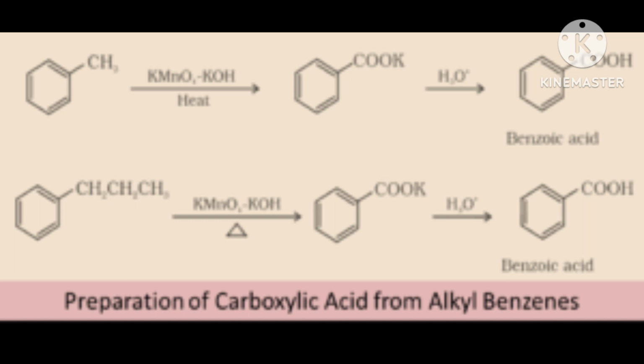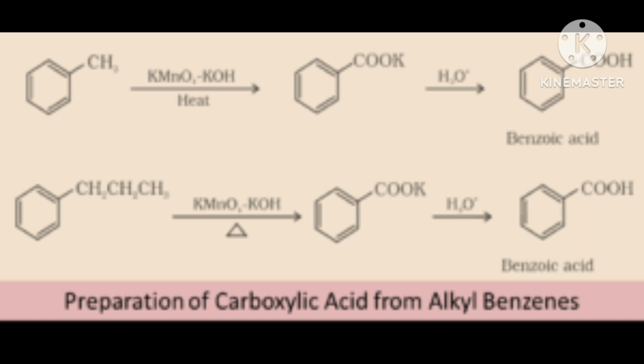NH4Cl is the best example. N and H bond is a covalent bond, and H and Cl is an ionic bond, and N and HCl, that bond is a coordinate bond. Correct? This is a very good example.